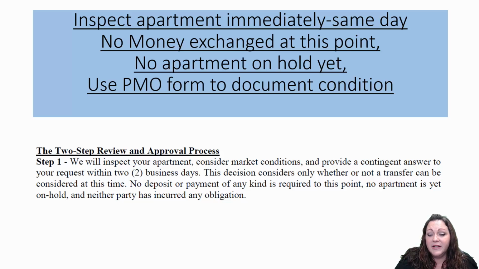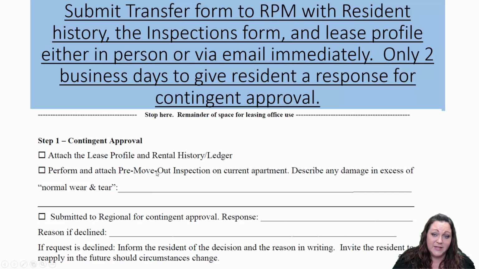Now, once you have completed that inspection, we have 2 days to get a response back to them. They filled out the form, we've done the inspection, they are expecting a response from us in 2 business days. So it's important that right away you send this information to your regional property manager. The actual request form has all of the steps right on here for you.